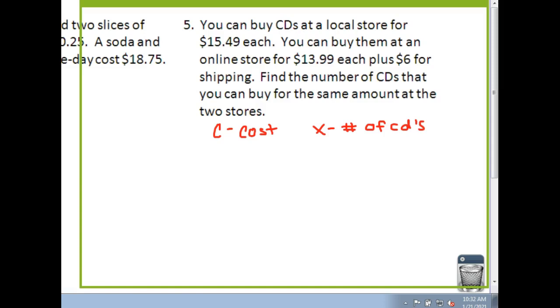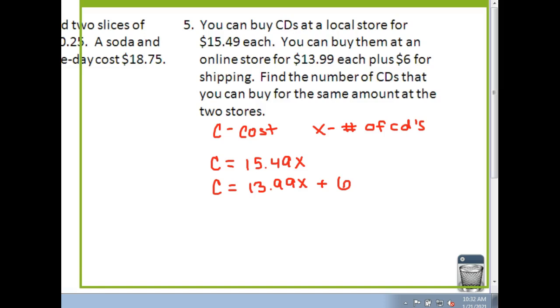So the cost to buy them in store would be 15.49X. The cost to buy it online would be 13.99X plus that $6 shipping fee.